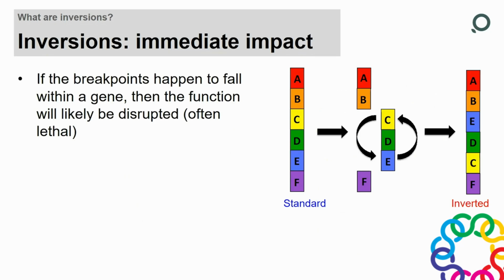If we look first at the immediate impacts, one of the things is obvious: if an inversion happens and the breakpoints sit within a gene, then often that inversion is lethal. So it's an immediate impact, and it probably won't be maintained in the population.